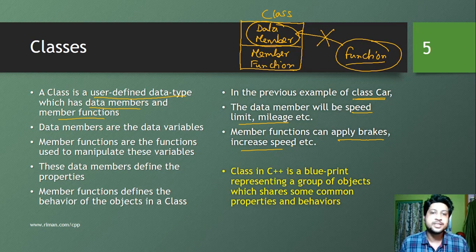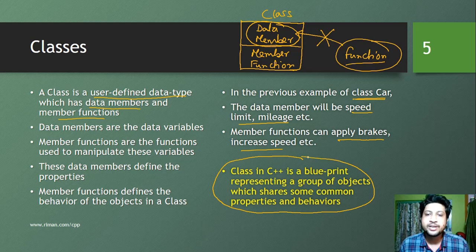So from this we can conclude that a C++ class is a blueprint of a group of similar types which share some common properties and behaviors. So this is what a class is in object-oriented programming as well as in C++.